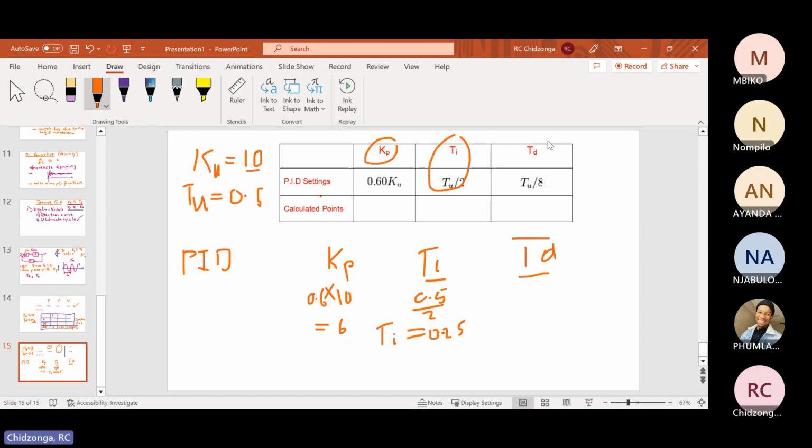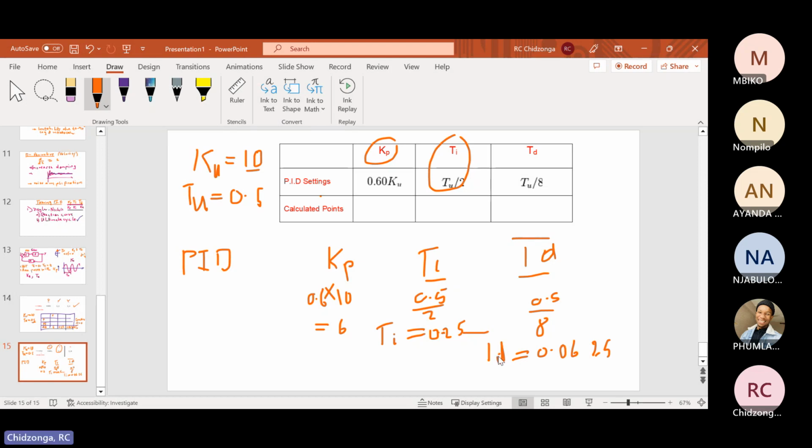And then Td, I must set to Tu divided by 8, which means 0.5 divided by 8, and this gives 0.0625, whatever the number. So this becomes the value of Td.